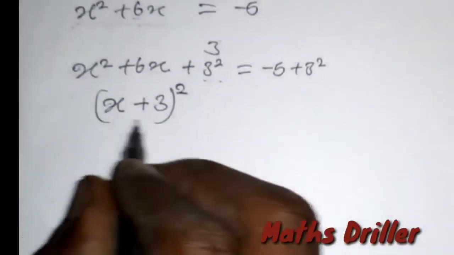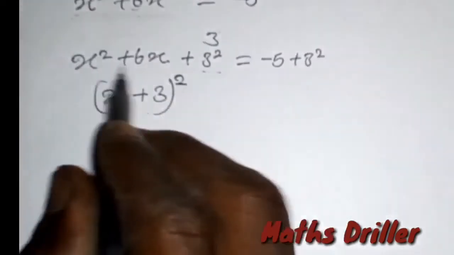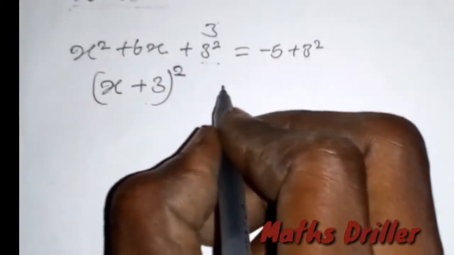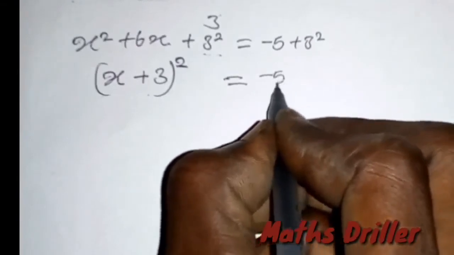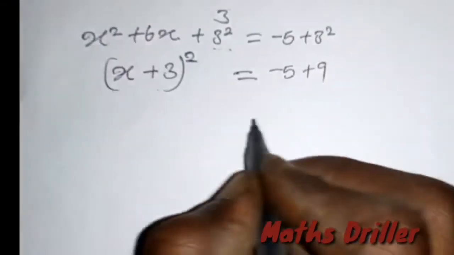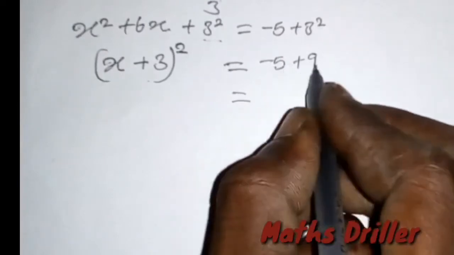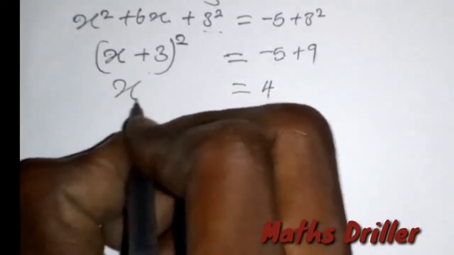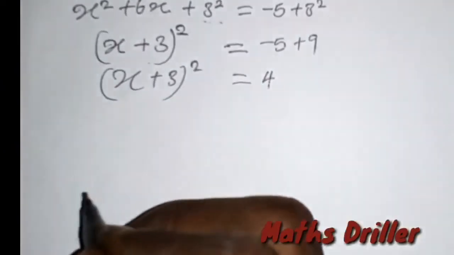When you expand this bracket, you will find that this expression is the result of expanding it. Therefore, this is equal to minus 5 plus 9. This side can be simplified as minus 5 plus 9 is just 4. Therefore, we have x plus 3 squared is equal to 4.